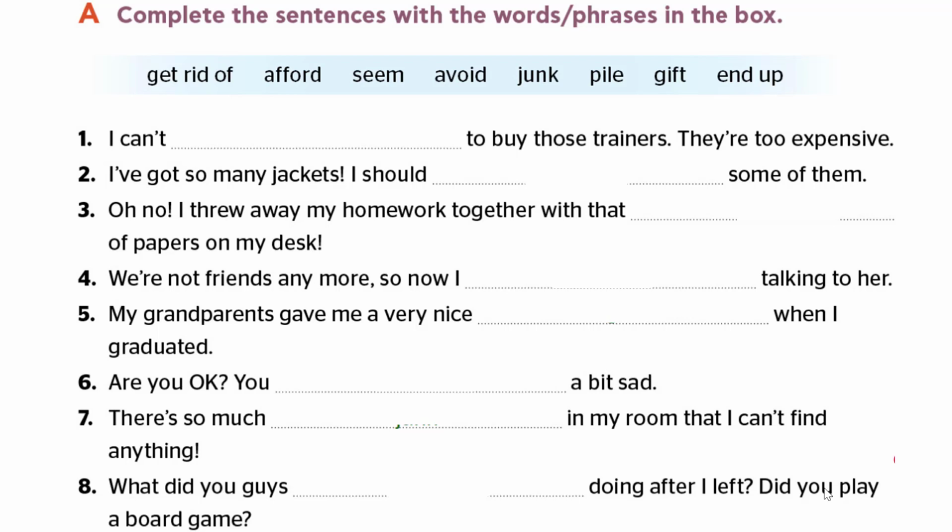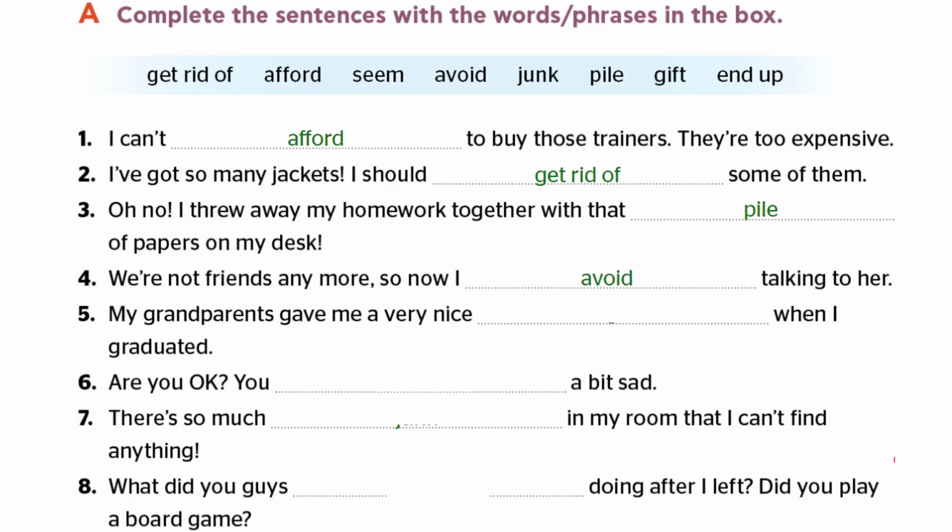I can't afford to buy those trainers, they are too expensive. I've got so many jackets, I should get rid of some of them. Oh no, I threw away my homework together with that pile of papers on my desk. We're not friends anymore, so now I avoid talking to her.